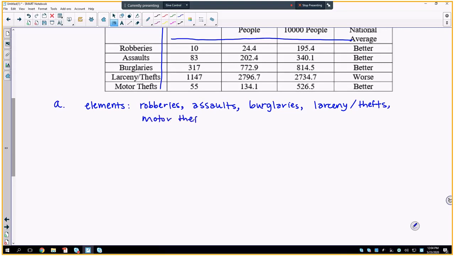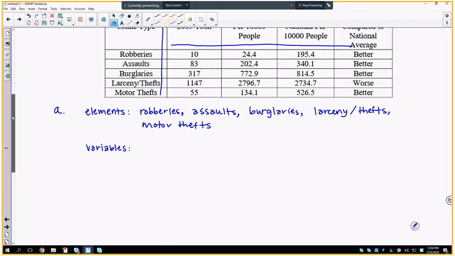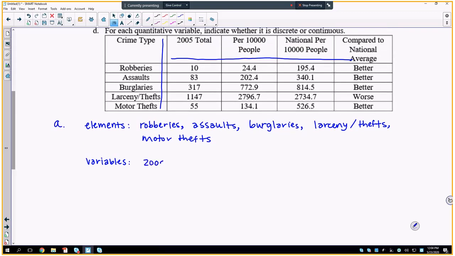And for each element, we're going to measure these variables. The variables are 2005 total per 10,000 people, national per 10,000 people, and compared to national average.